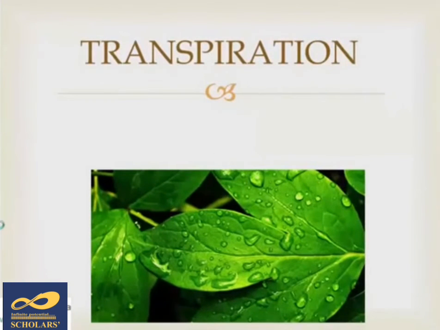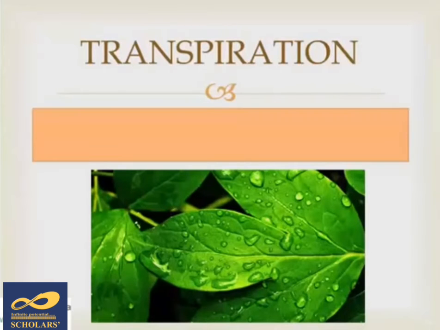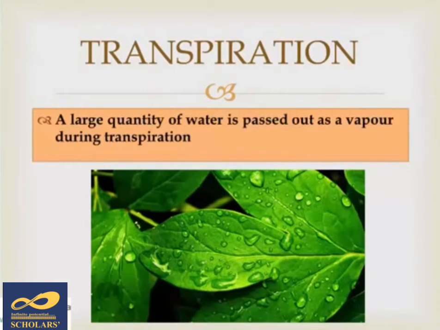Next is transpiration. A large quantity of water is passed out as a vapor during transpiration. These all were the purposes in which water is used up by the plant.